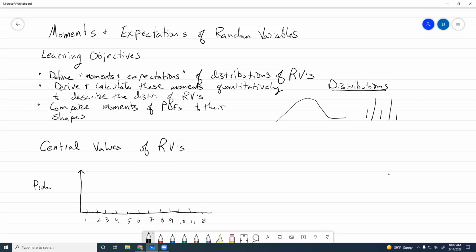Does anyone know what the probability of the 7 is? It's like 6 out of 36, right? So what is it, 7 out of 36? And so what is that approximately? So about 0.2.